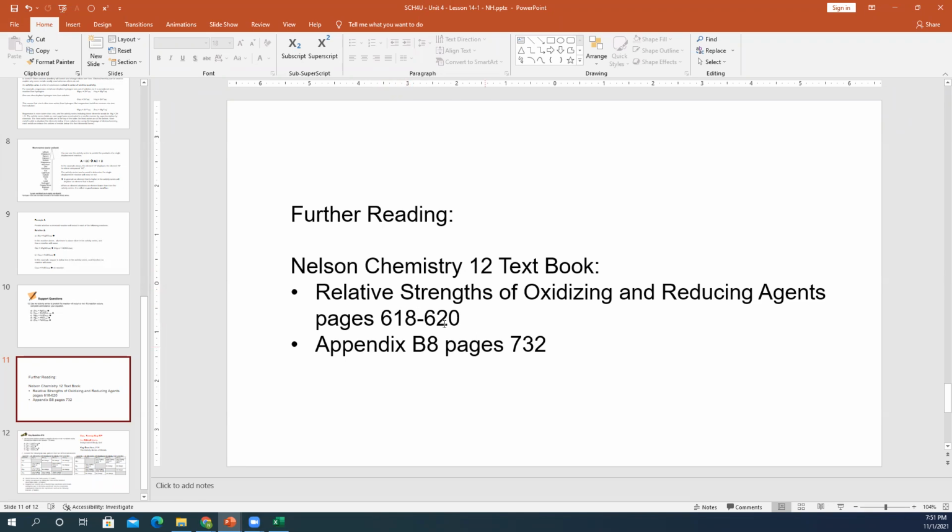You can look at these pages and the appendices and get some practice looking at the activity series and the relative reactivity of metals with respect to each other.